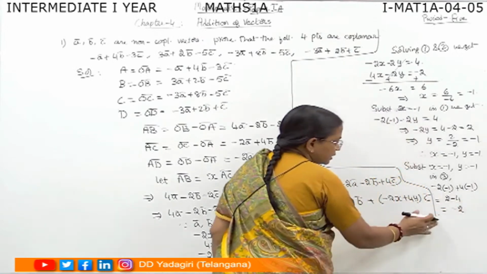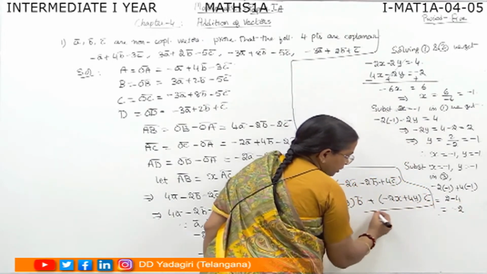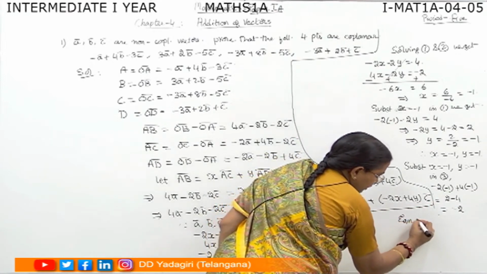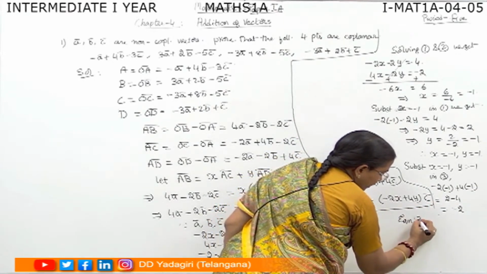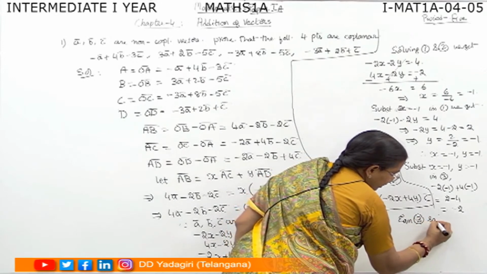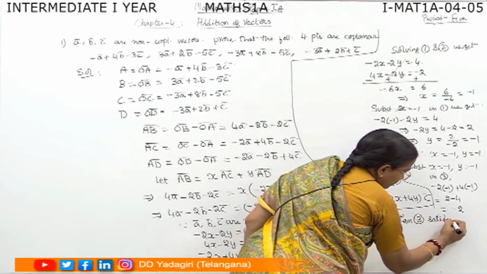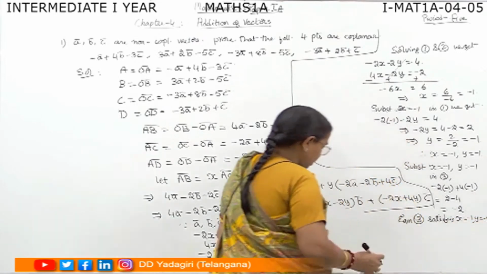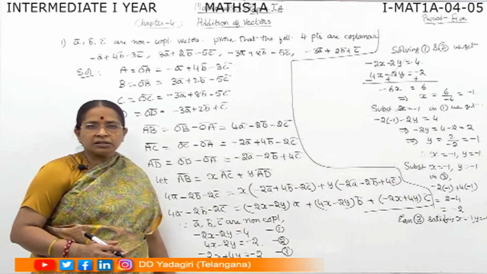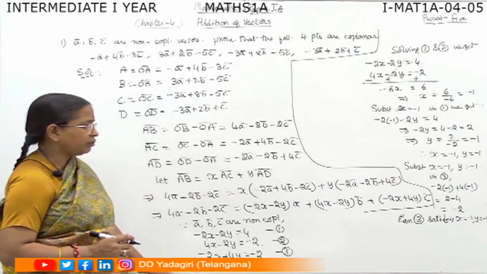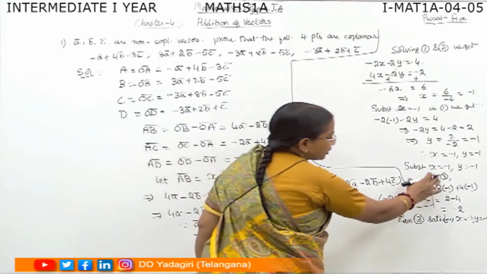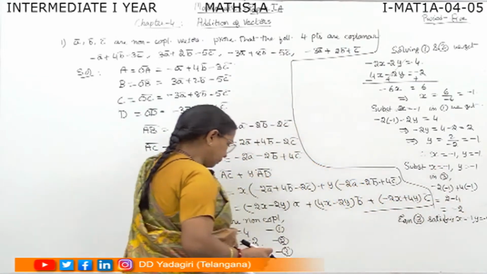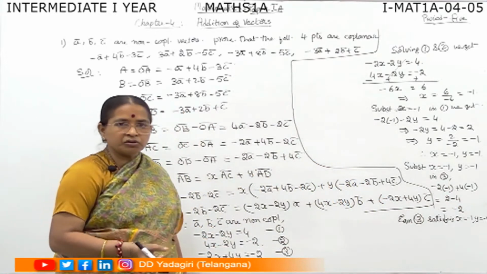That means it is satisfied. Equation 3 is satisfied by x is equal to minus 1 and y is equal to minus 1. So that means all the three equations have a unique solution. If the third equation is not satisfied, then it means that the three equations have no solution.